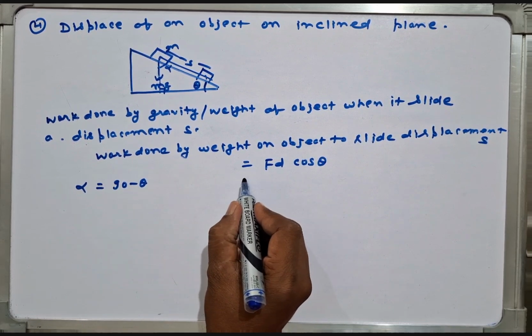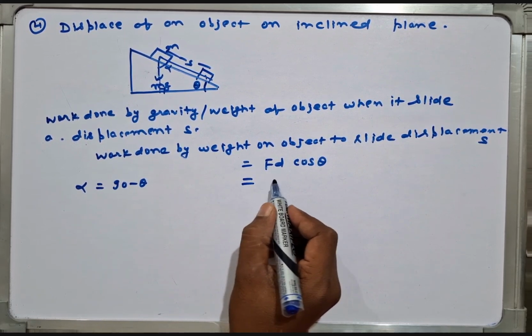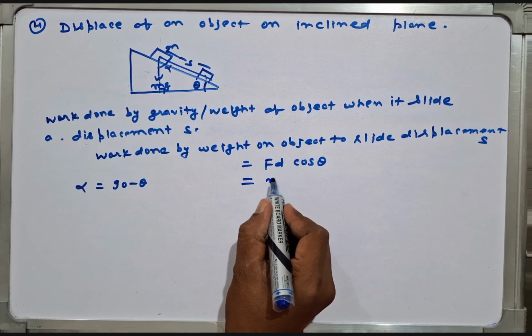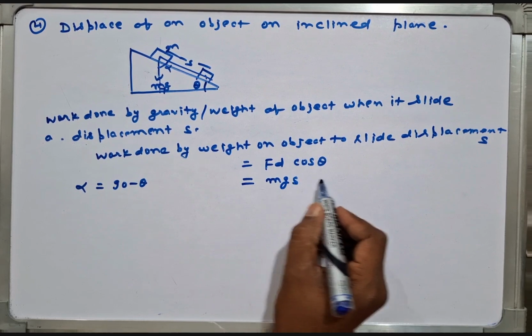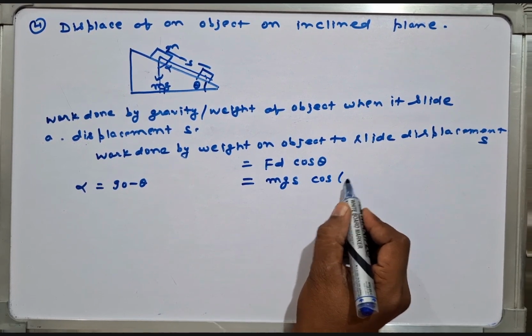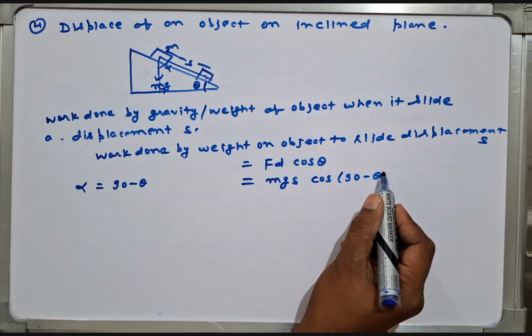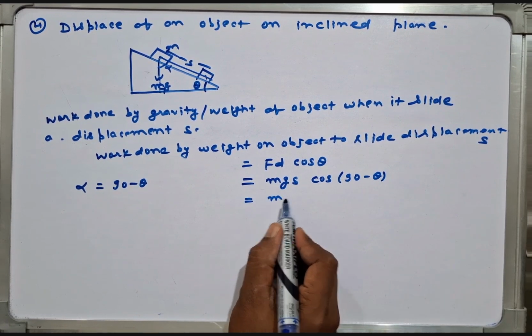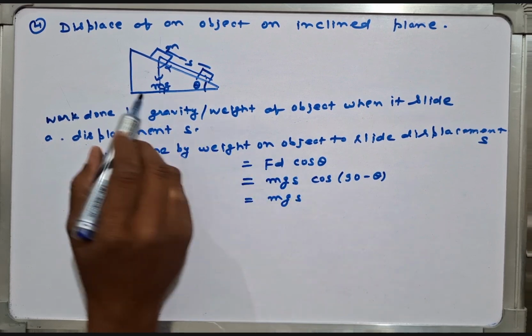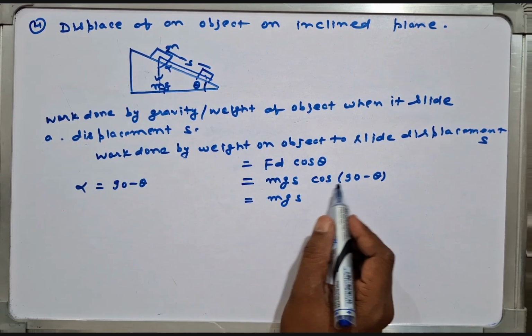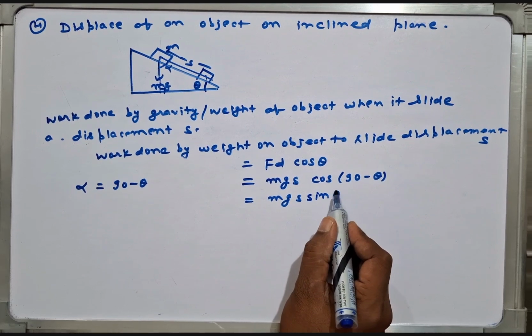Okay, so if we put this here, F is m into g, displacement is s, and cos of 90 minus theta. Okay, so mg s is the displacement on the inclined plane, and this one is sine theta.